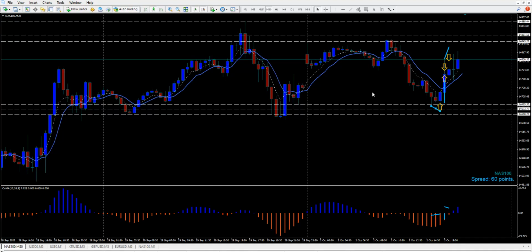But what's most important is that if you have a level down here and the market's coming to it and it's almost touched it, you don't want to be selling down there. You're going to lose. Just like if price is coming up here to one of these levels, you don't want to buy up there. You know what I mean? You could probably lose.